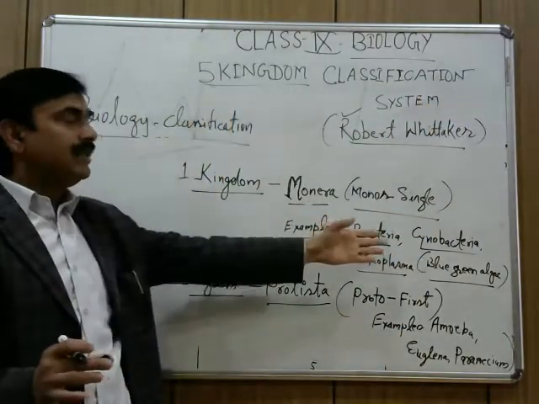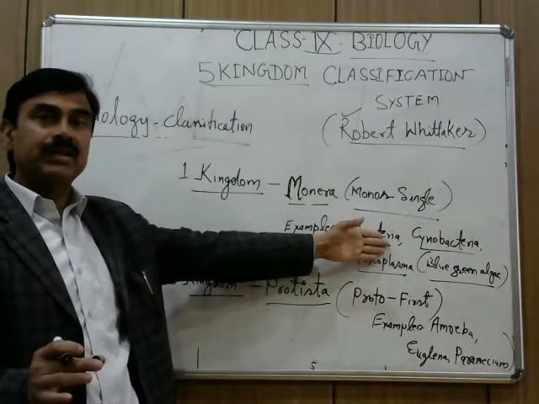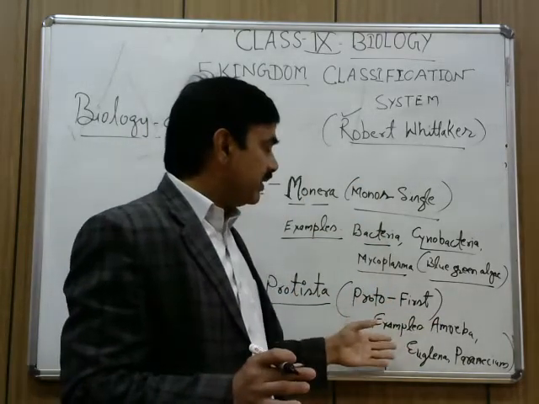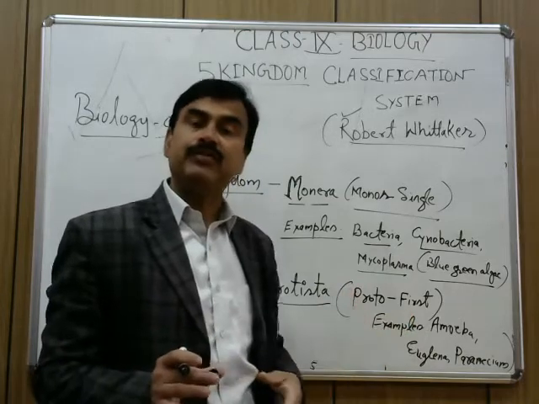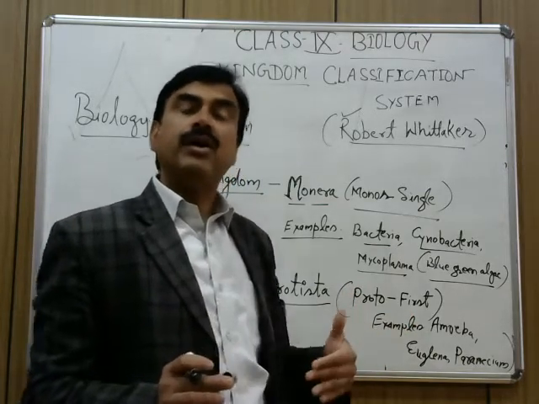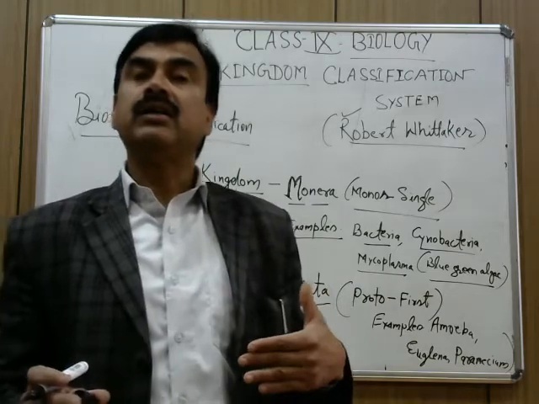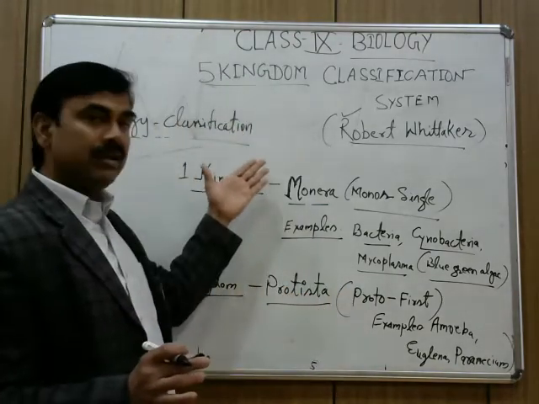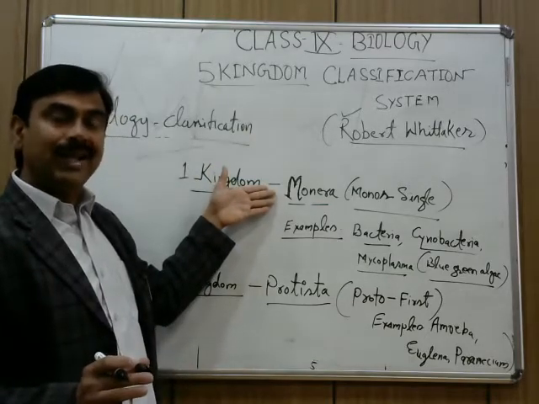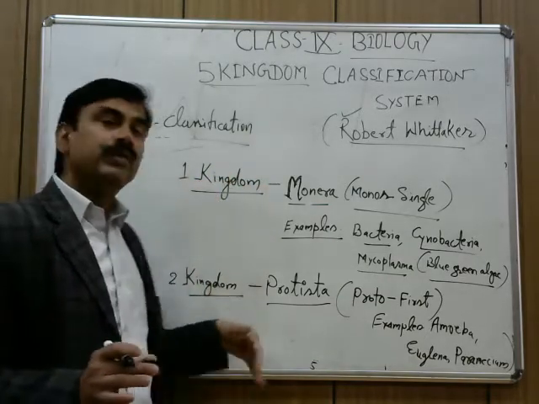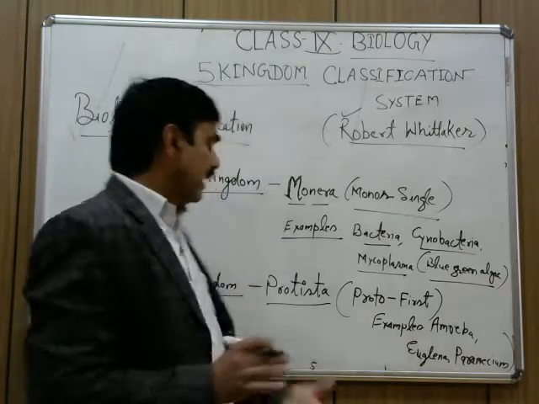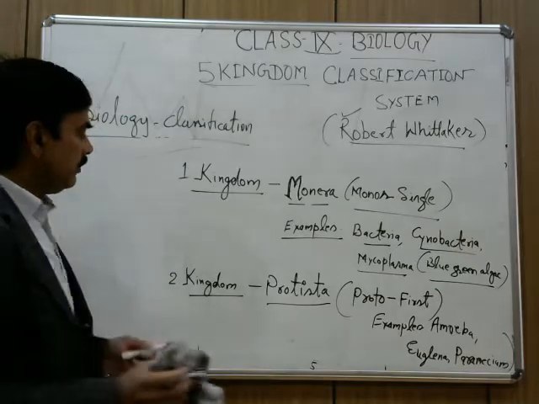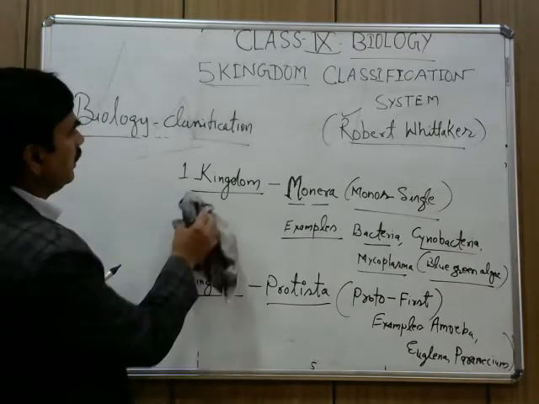In the Monera there are certain members, and in the Protista there are members too, the first animals. So we always begin with the smaller, undeveloped one, and then serially move to the complex level.